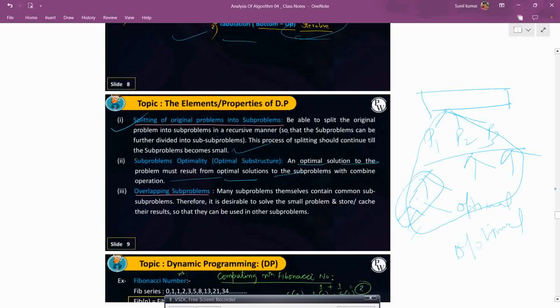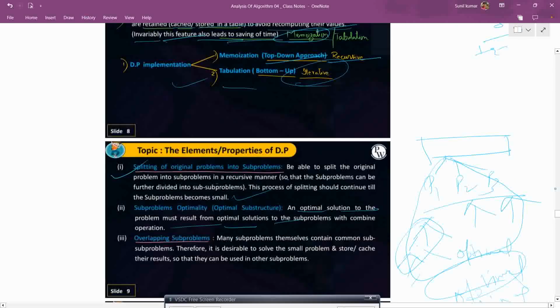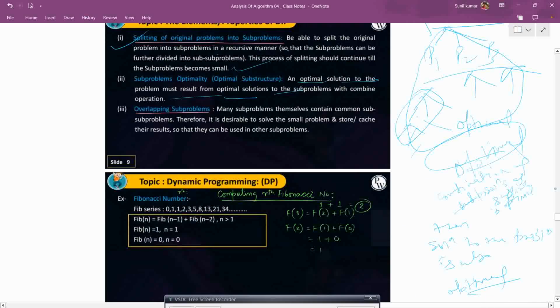So if the solutions to the subproblems are optimal, and the combination of the subproblem solutions is optimal, then the solution to the problem is also optimal.